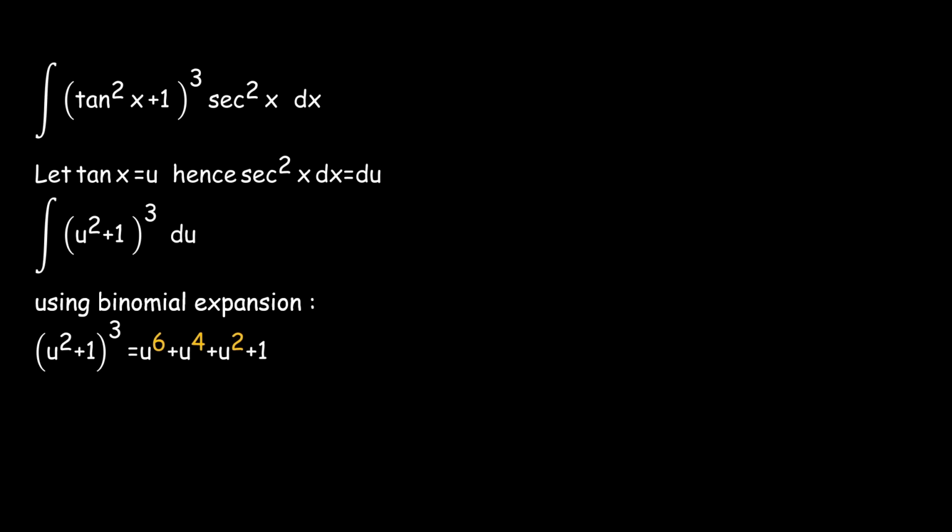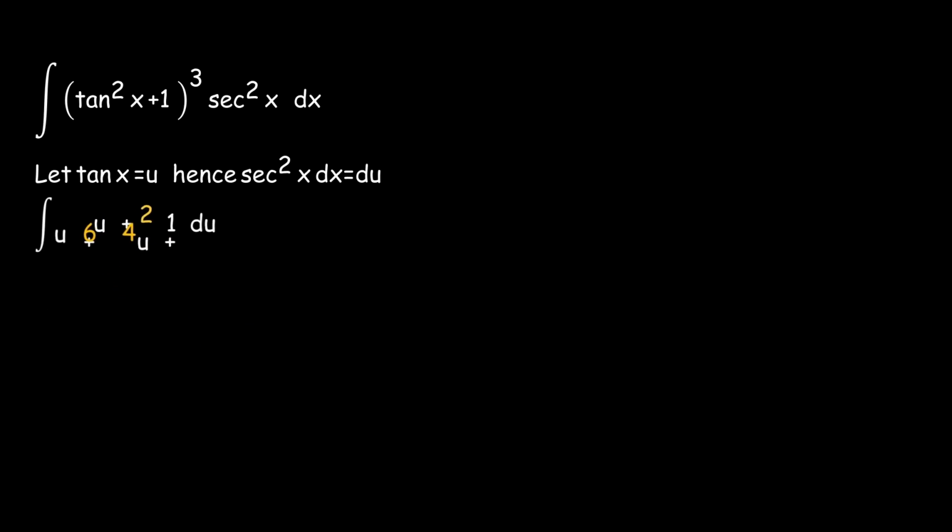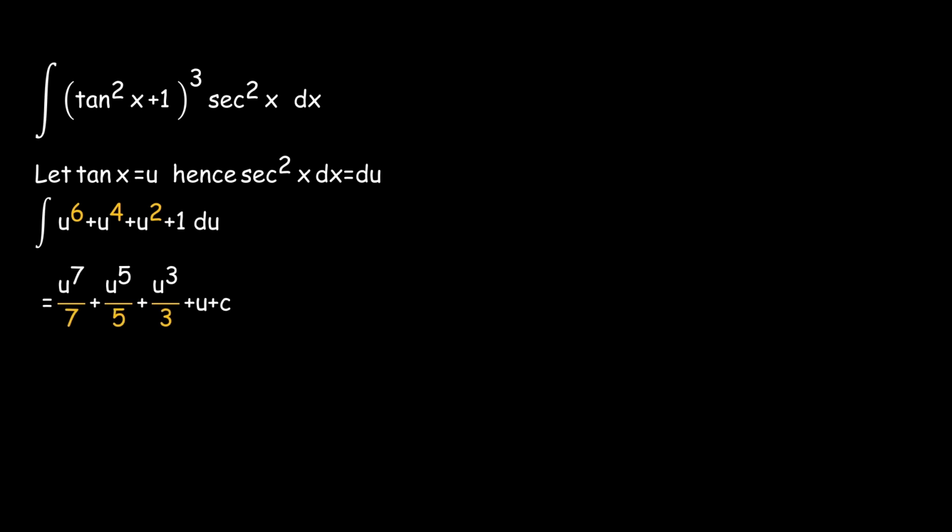Okay, so it means we need to integrate this. We replace it in there, and then we can add 1 and divide by the new power. Easy peasy. Now we substitute u, which was tan x, and we should get our final answer. Let me know if you got this question right. It was an interesting one.